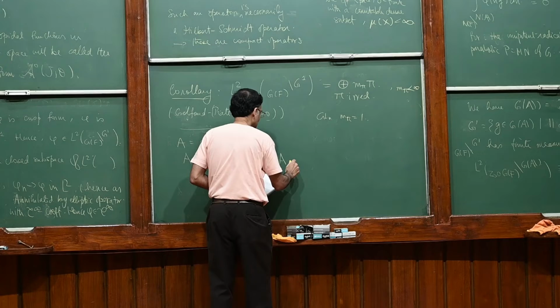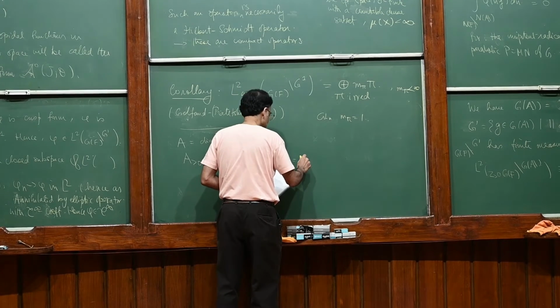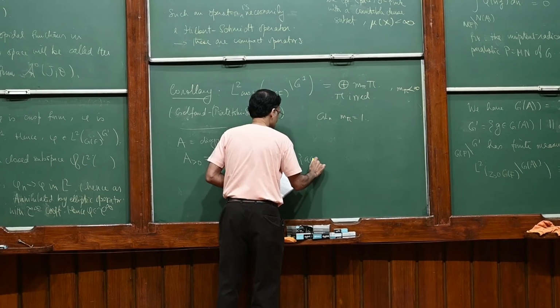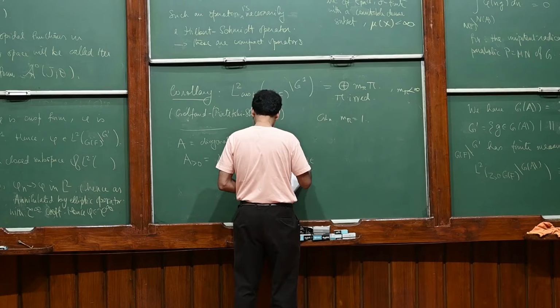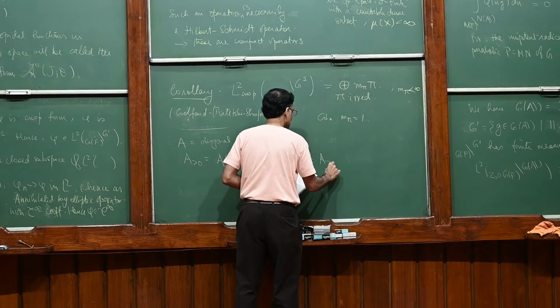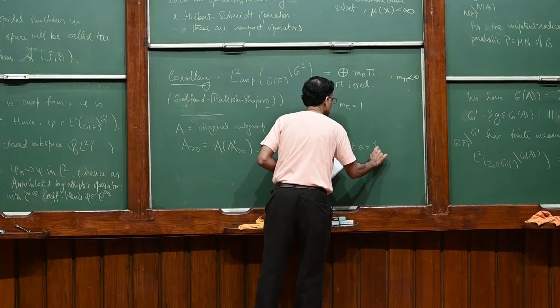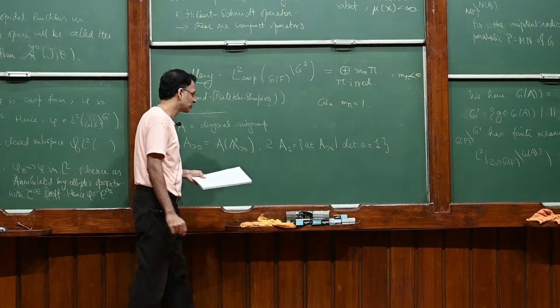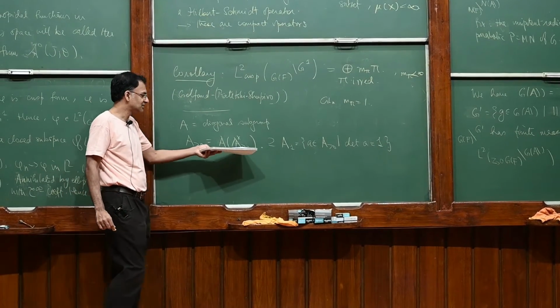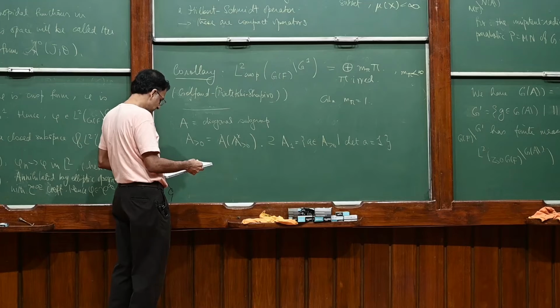The notations are not entirely consistent, but it's okay. So A1 is the set of A in A greater than 0 such that determinant A equals 1. So it is a subgroup of the diagonal group with entries in this, so that the determinant is 1.